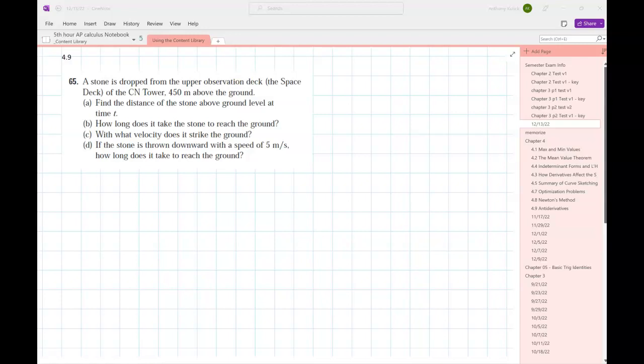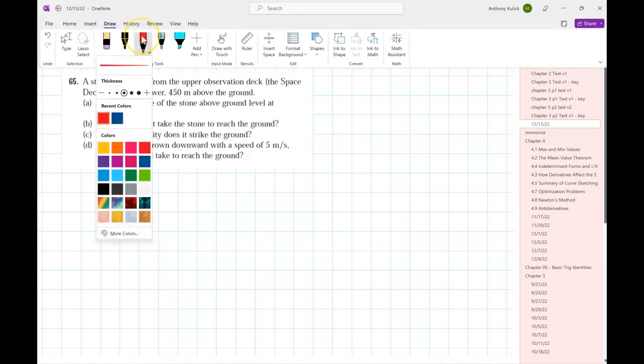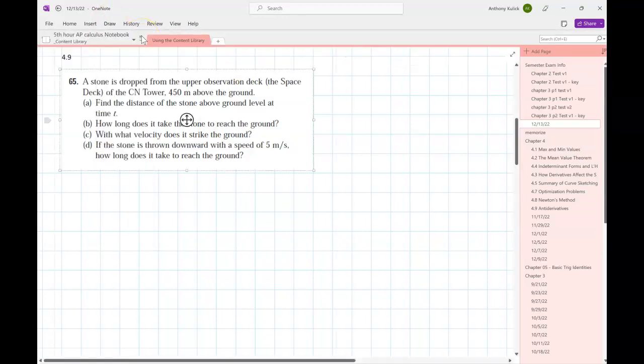How long does it take the stone to reach the ground? With what velocity does it strike the ground? And then part D, if the stone is thrown downward with a speed of 5 meters per second, how long does it take to reach the ground? So, pause here and try to work this on your own.